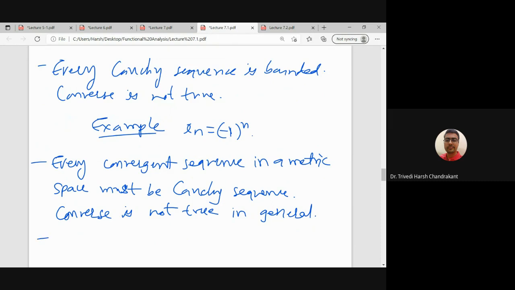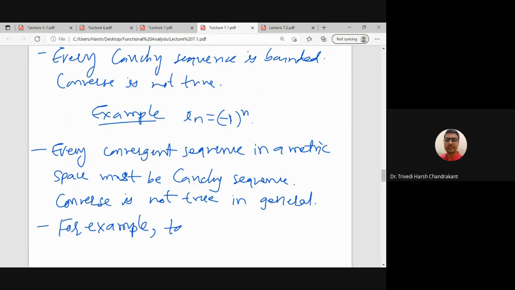So the example is very simple. Take any non-closed set.